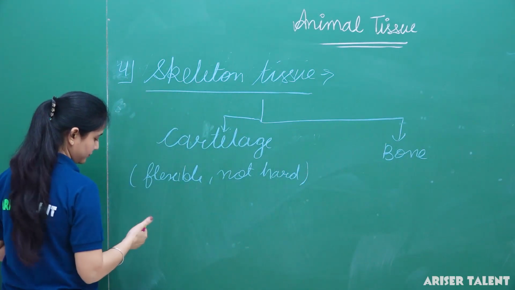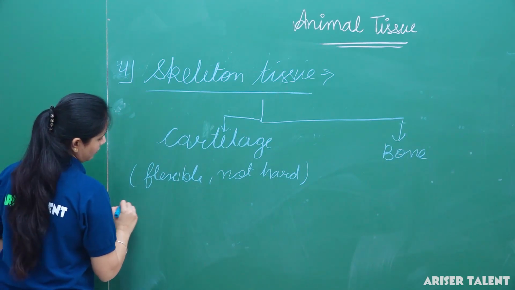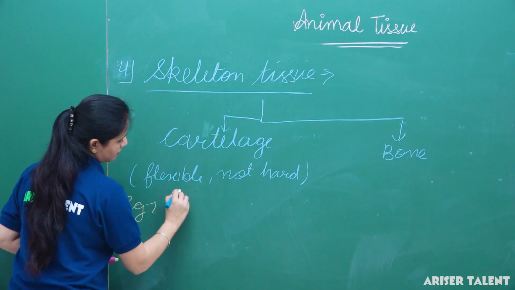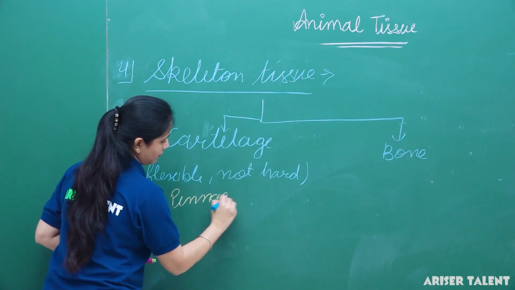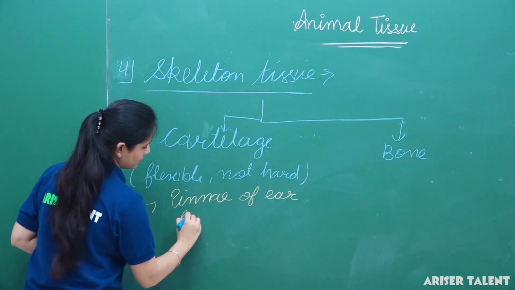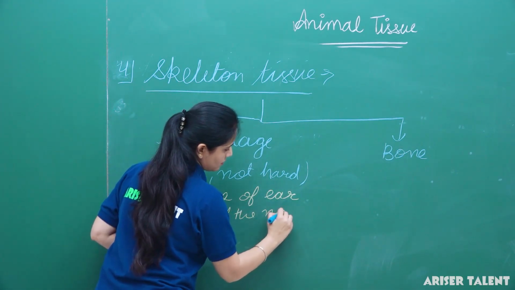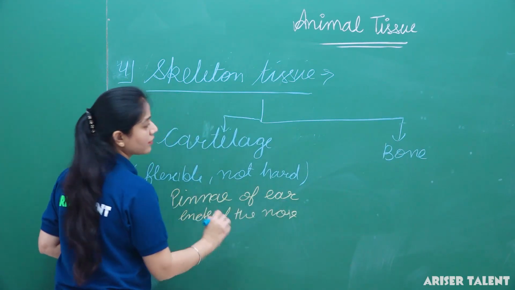They are found in the pinna of the ear and end of the nose. Okay. Bones.